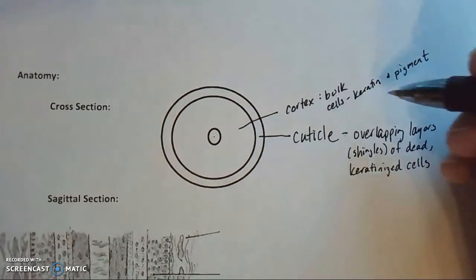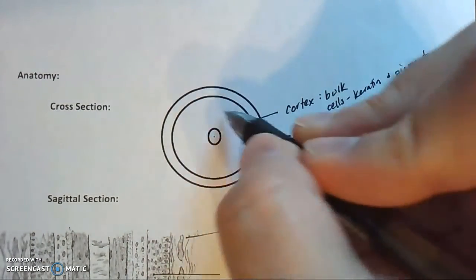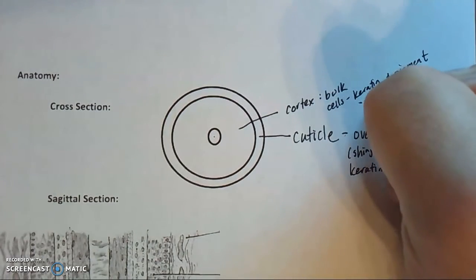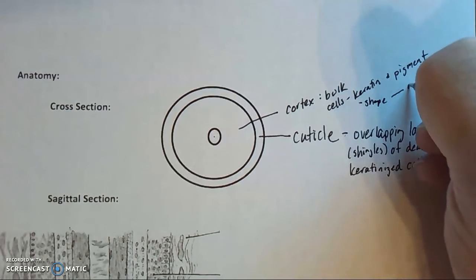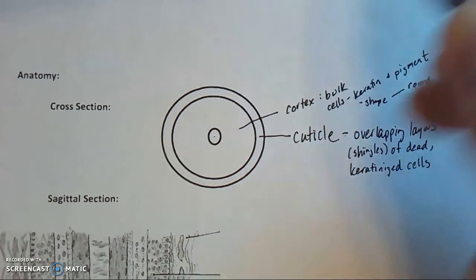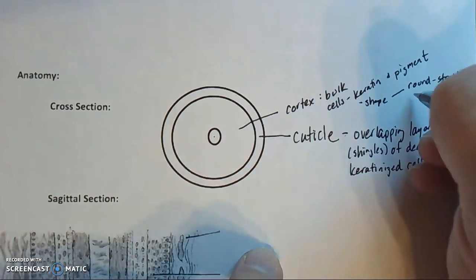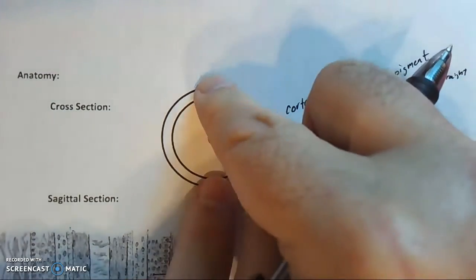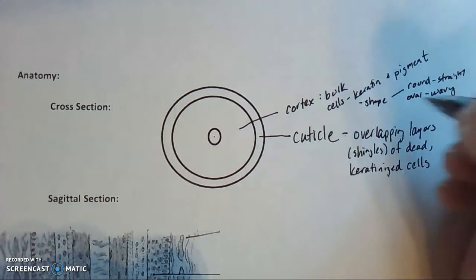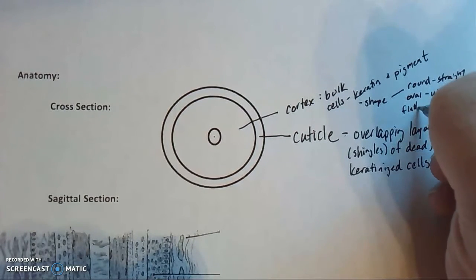Also, the shape of this cortex is going to tell us a little bit about whether or not your hair is straight, wavy, or curly. So the shape of this, if it is perfectly round, you have straight hair. If the cortex is kind of oval in shape, so it's pushed down a little bit, you can have wavy hair. And if it's rather flattened, you have curly hair.